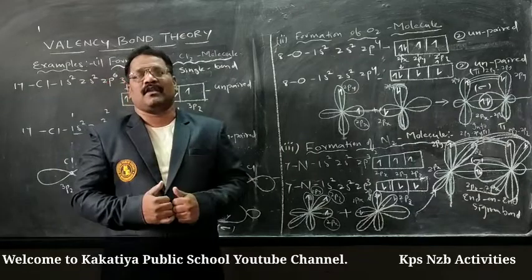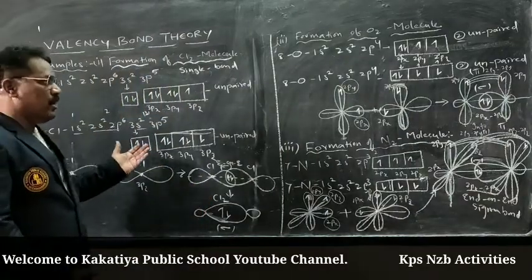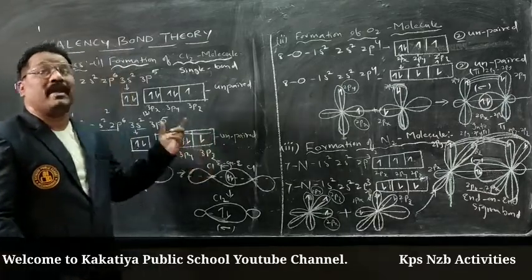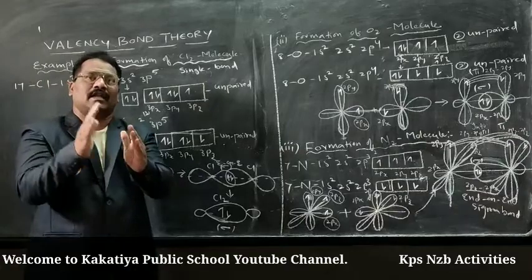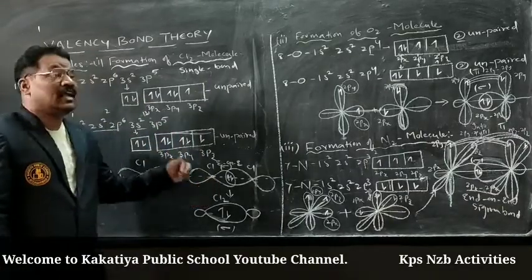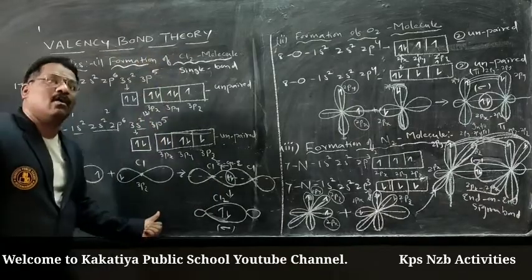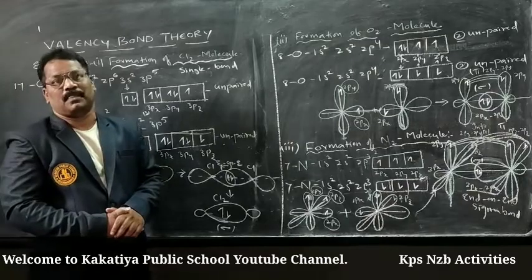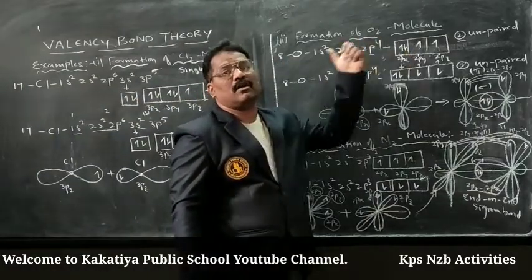And they may ask clearly, explain how the covalent chlorine molecule will be formed based upon valency bond theory. We have studied covalent bond formation with Lewis dot structure also. They may directly ask, based upon valency bond theory, how the chlorine molecule will form, and how the oxygen molecule will form.